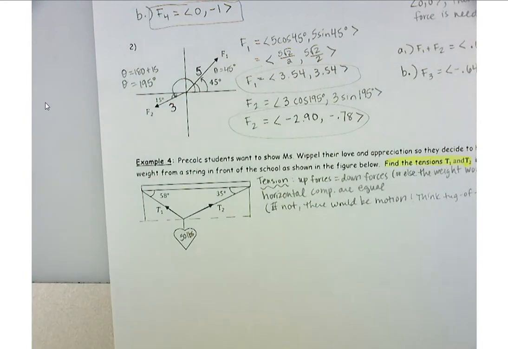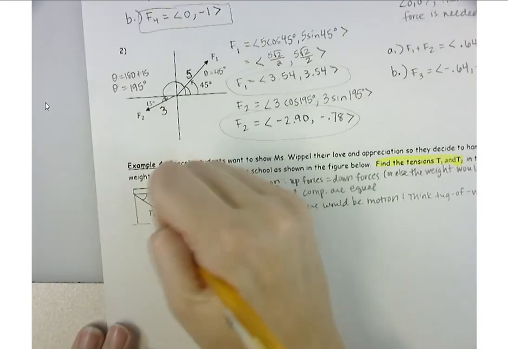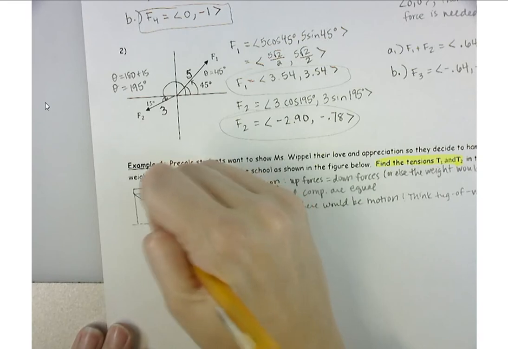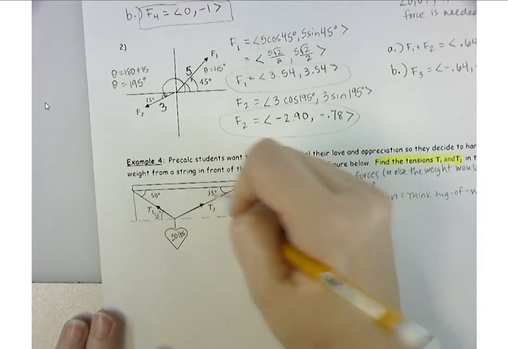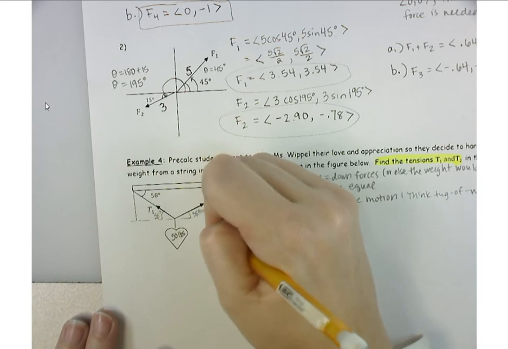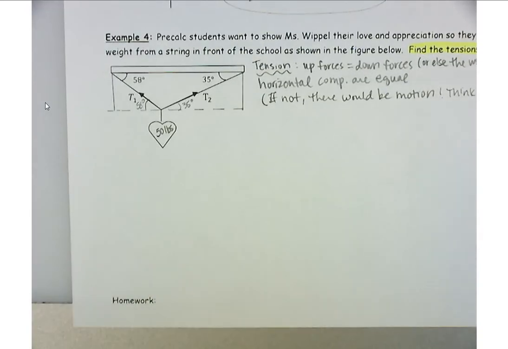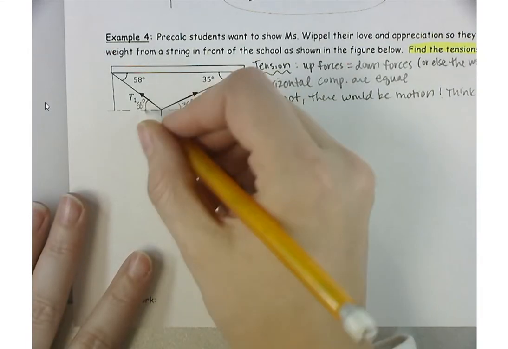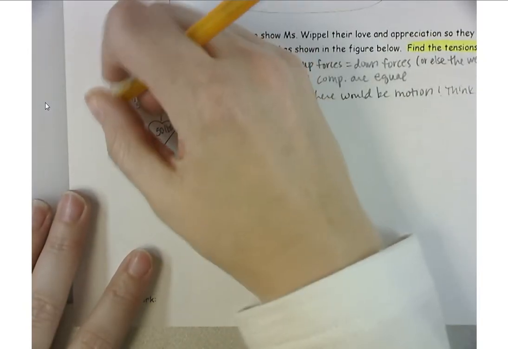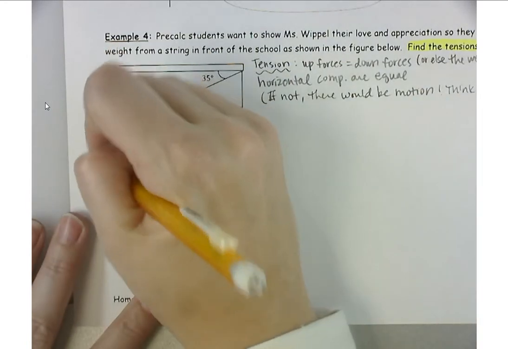Okay, now using alternate interior angles, if this is 58 degrees, I know this is going to be 58 degrees. And if this is 35 degrees, then this is going to be 35 degrees. Okay, now I like to set up the triangles separately. You don't necessarily have to, but I like to do it to show you guys where that's coming from.